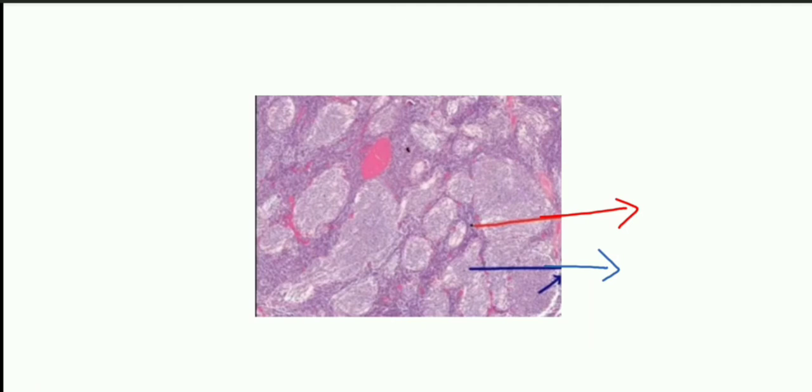In this picture, this is also medulloblastoma. What you can observe here is a dark area and a pale area.